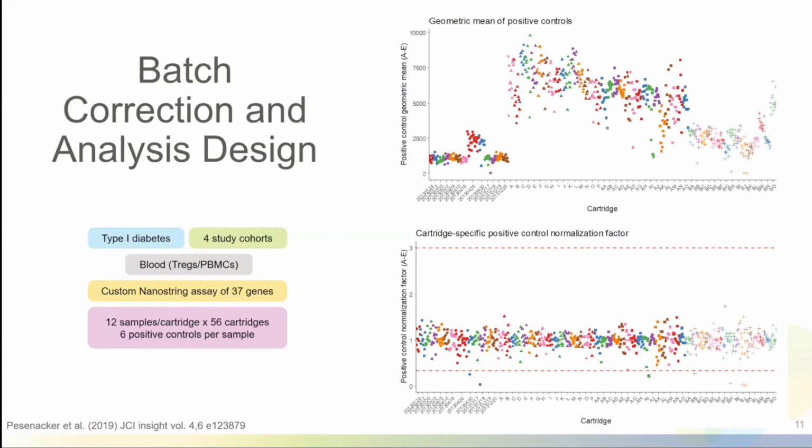If we had run all of the diabetes samples first and then run all of the healthy samples on later cartridges, there would be no way to correct for the variation we saw without also wiping out some of the signal. So in short, we need to think about our question of interest when designing the analysis of our samples, and then also correct for technical variation after the fact as much as possible.